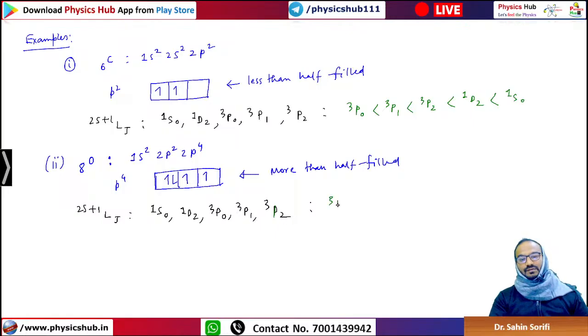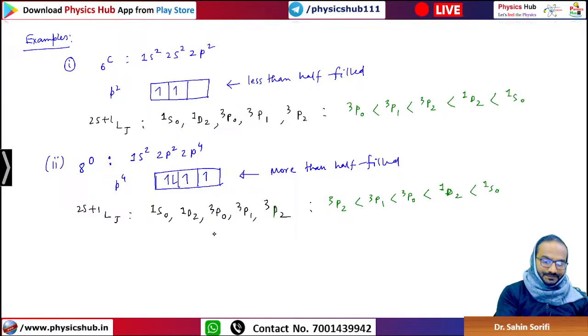So here 3P2 will come first, then 3P1, then 3P0. Then 1D2, other things will be the same, more L value lies lowest, then 1S0. Is it clear, guys? Tell me.